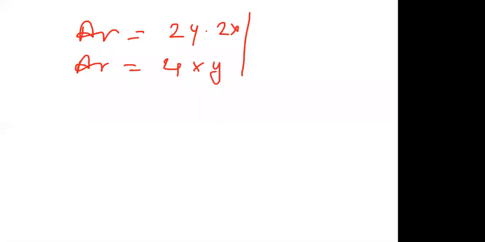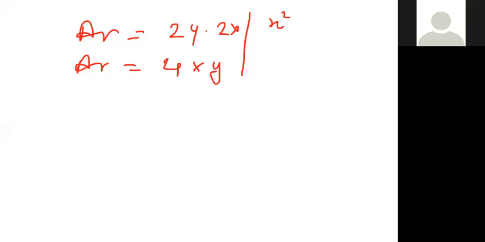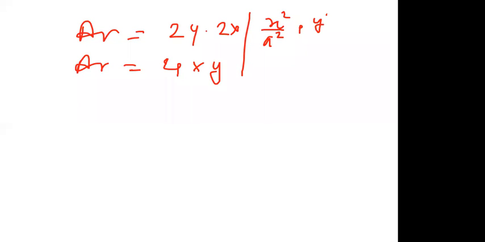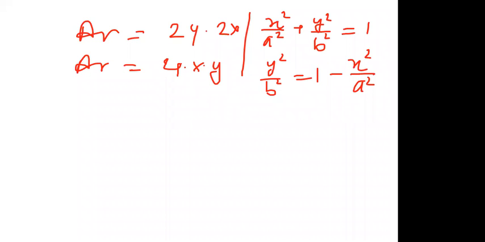Now think, area is with us. Equation of the ellipse is x square upon a square plus y square upon b square equals 1. With this, we will be able to put the value of y into the area formula. So the value of y I am going to calculate. y square upon b square will be equal to 1 minus x square upon a square. y square will be equal to b square upon a square into (a square minus x square).